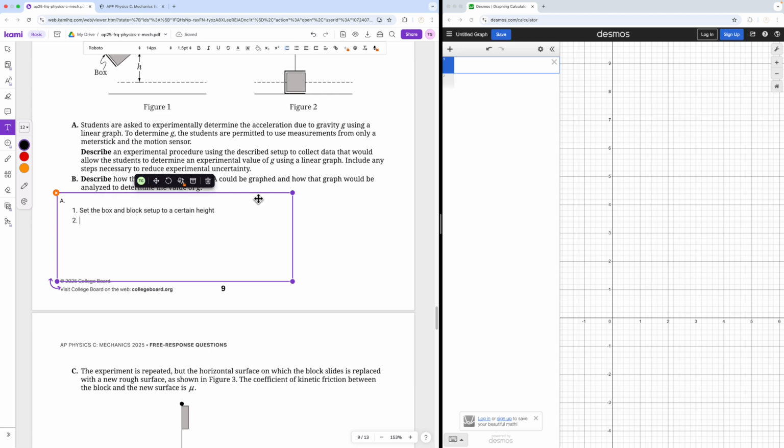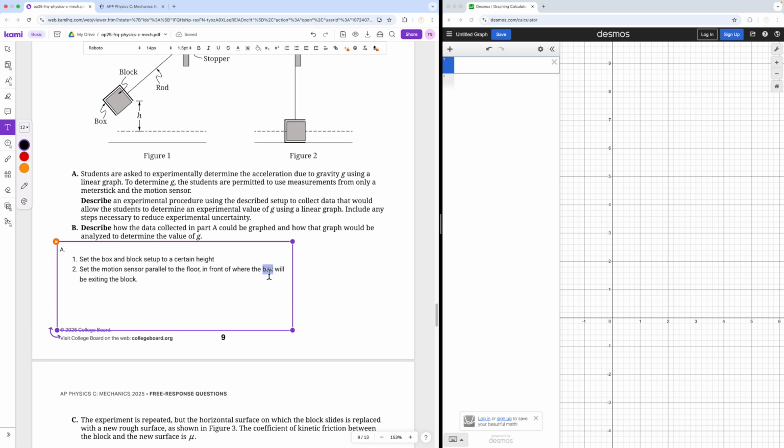Next, set the motion sensor parallel to the floor in front of where the block will be exiting the box. Number 3, record the height at which the box and block setup was released.